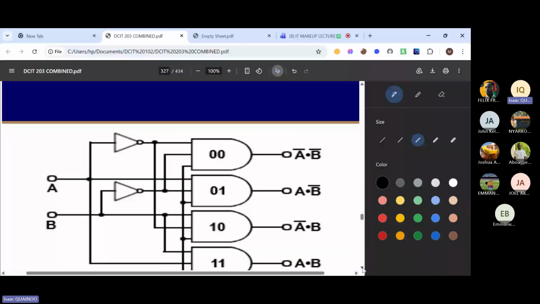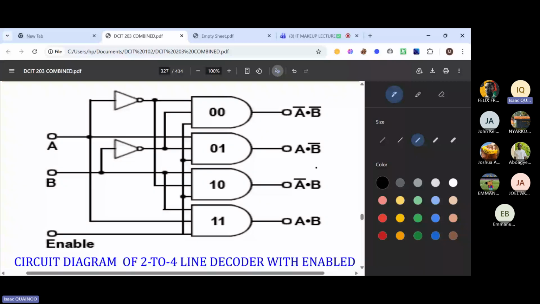So we can see how the enable input works, right? We can see the same diagram for our 2:4 decoder, but an enable input is applied. And we said that if you feed this enable input 0, the entire circuit is in an off state, meaning that the only outputs it can display are zeros, nothing else.